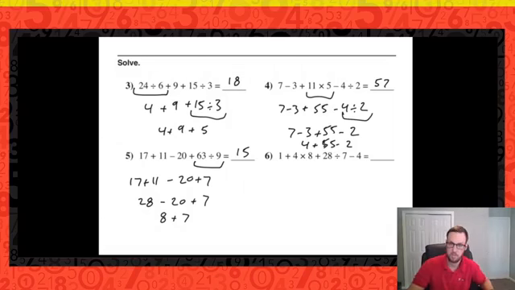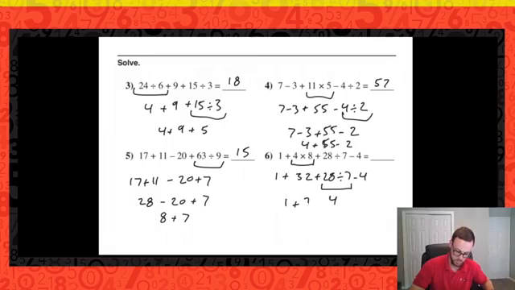And number 6. We've got multiplication first if we're looking from left to right. 4 times 8 is 32. Now I'm going to do 28 divided by 7. Yep, very nice, which is 4.